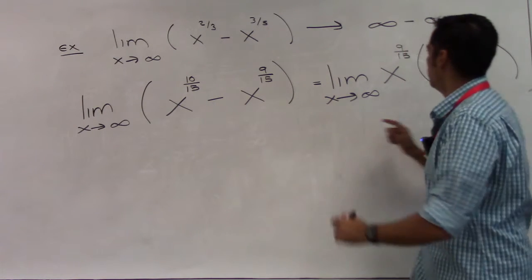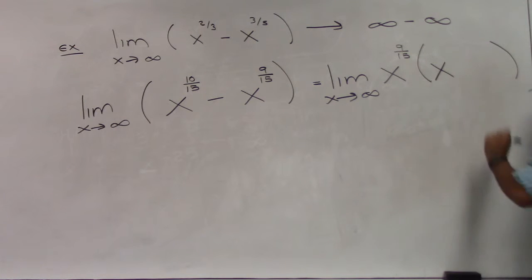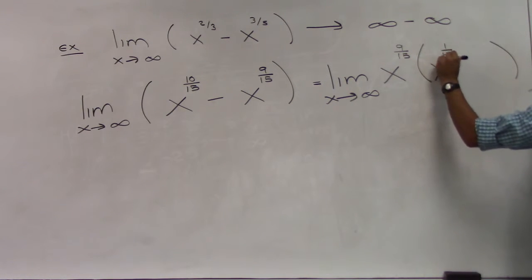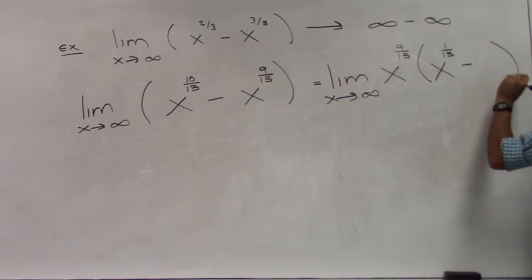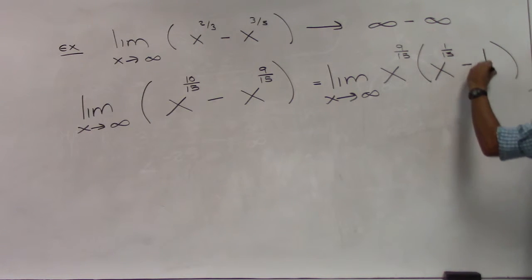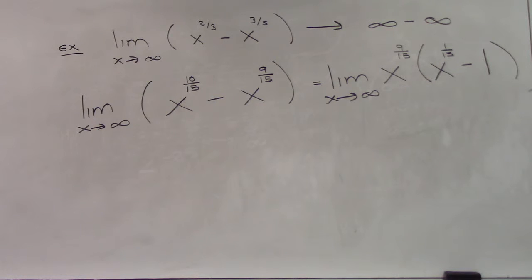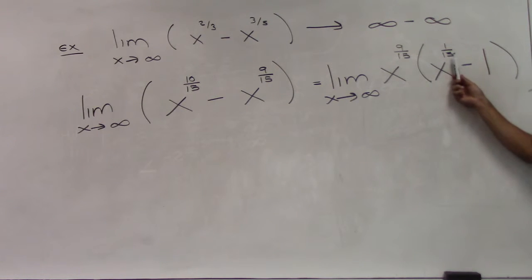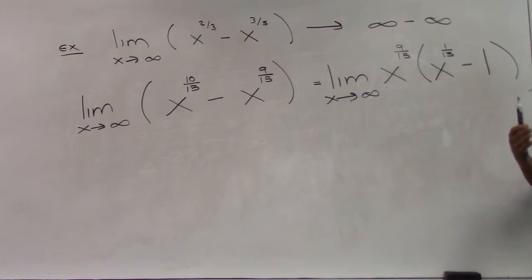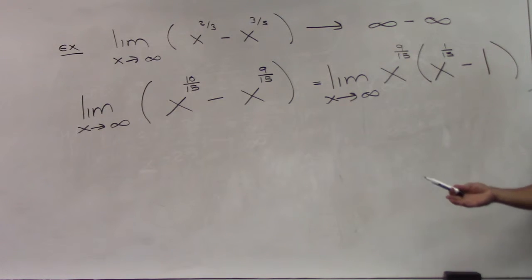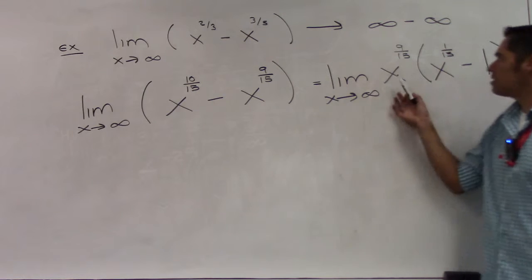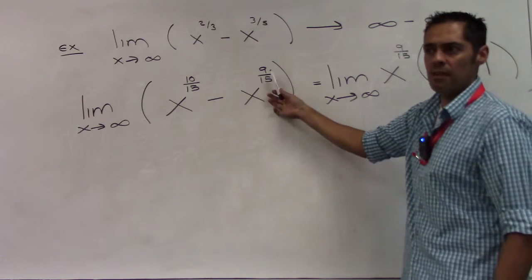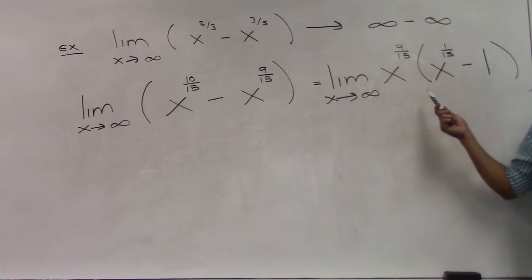So x to what here? 1/15. And then minus 1. See if you believe that. What's x to the 9/15 times x to the 1/15? Add the exponents, x to the 10/15. That's this. What's x to the 9/15 times -1? Well, it's negative x to the 9/15. That's kind of clever, huh?